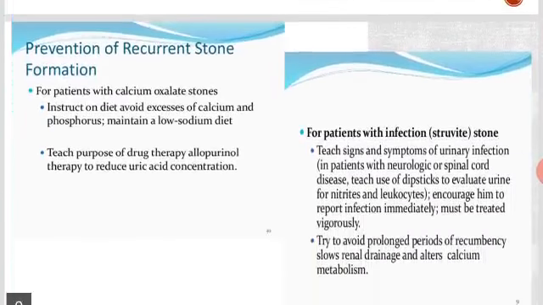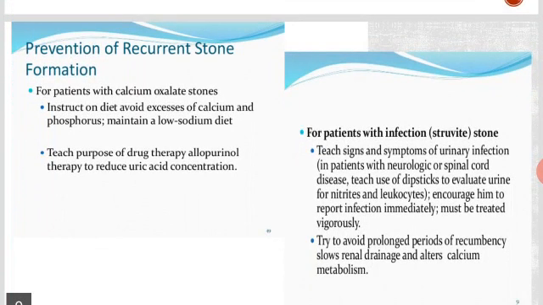Prevention of recurrent stone formation. For patients with calcium oxalate stone, must avoid excess of calcium and phosphate-rich diet. Maintain low sodium diet. Teach the purpose of drug therapy, allopurinol therapy to reduce uric acid concentration. For patients with struvite stone, teach signs and symptoms of urinary infection in patients with neurologic or spinal cord disease.